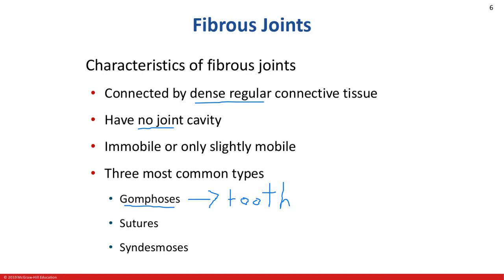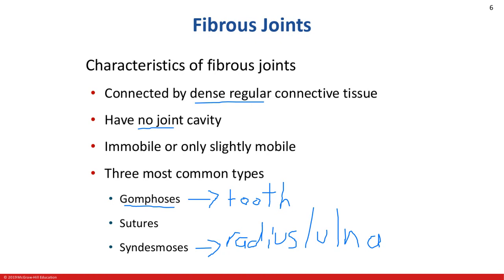Sutures we've already seen. And the syndesmoses, that was the example between the radius and the ulna, where we had those two bones separated by that interosseous membrane, which is a dense regular connective tissue. It acts as a pivot. Not a lot of movement there. It's really hard to get a lot of movement between the radius and the ulna.